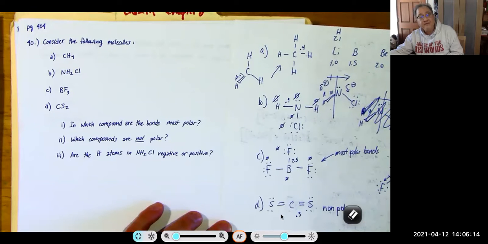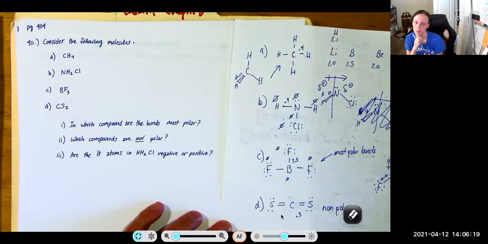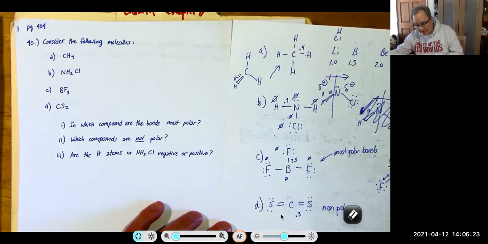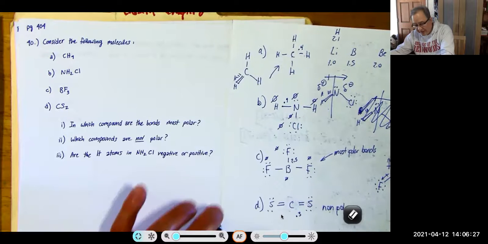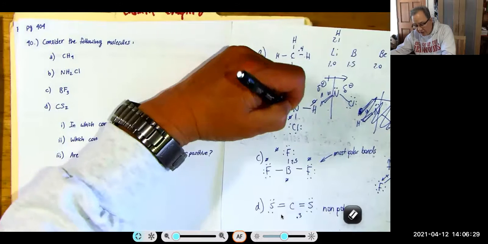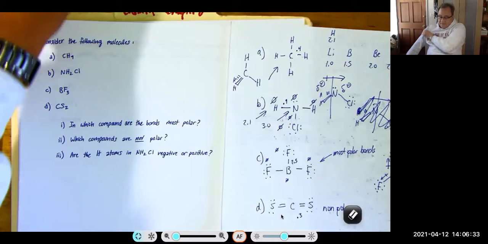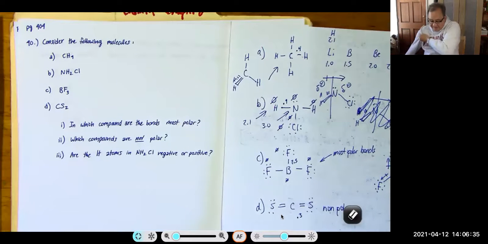Is it asking about the polarity though, in comparison? Oh, if they're asking that, then I would say that they're slightly positive, right? Because this is a 3-0 and this is a 2-1. Yeah.